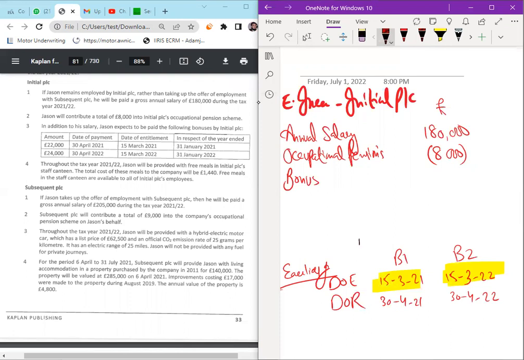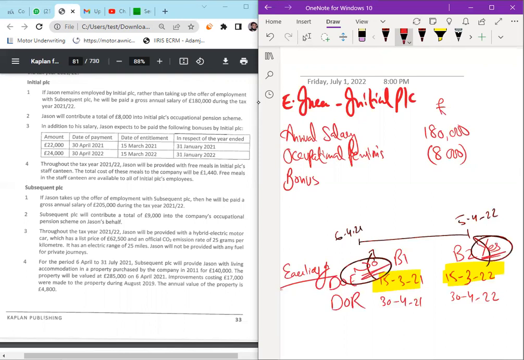We are going to match them in our tax year like we learned in our classes. Today we are practicing the past paper. In this, which date falls in the tax year? The first date, bonus number 1, 22,000. Does 15 March 21 fall in the tax year? Answer is no. The second date, does 15 March 22 fall in the tax year?